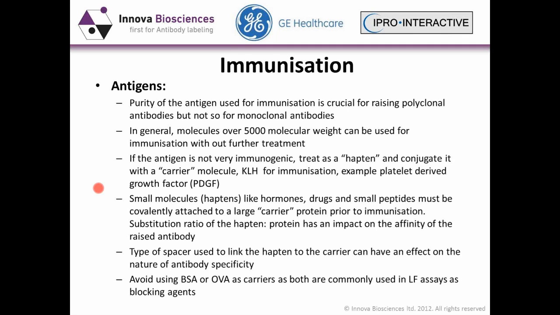But if the antigen, even protein, is not highly immunogenic, which could happen if someone is trying to look at proteins with very low differences in amino acids between species, then it's possible to raise antibodies to such a molecule by haptenizing the molecule by just coupling it to KLH. An example of this is making antibodies to platelet-derived growth factor, which is a 28,000 molecular weight protein, which is highly basic and very difficult to make antibodies to.